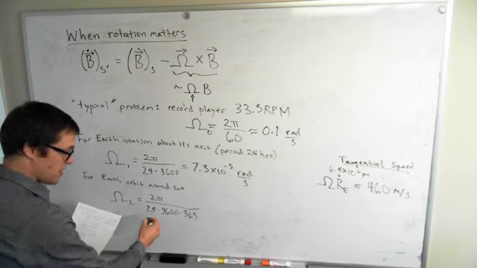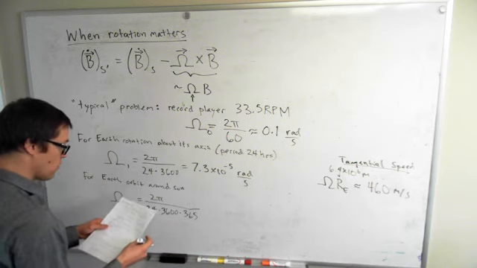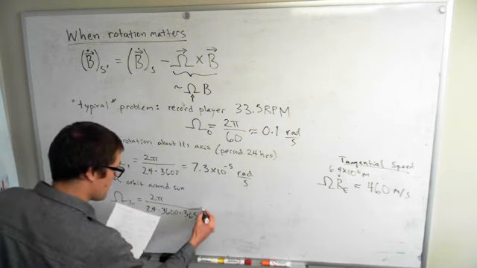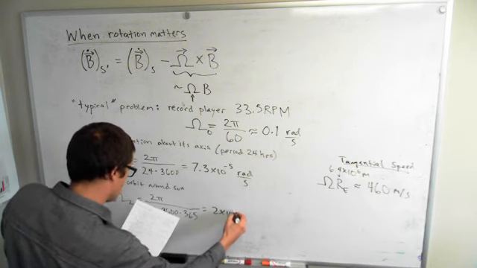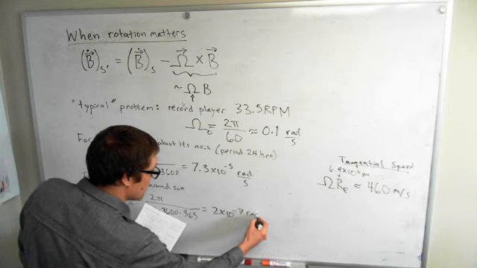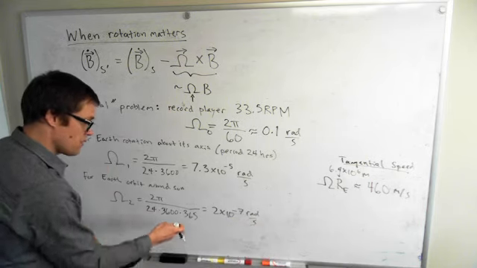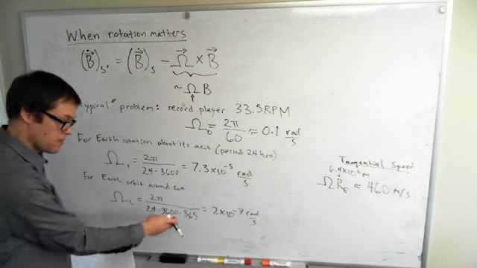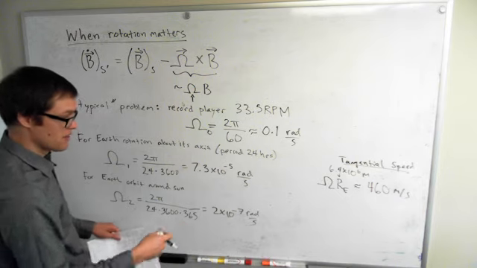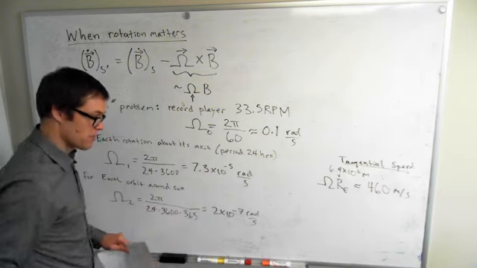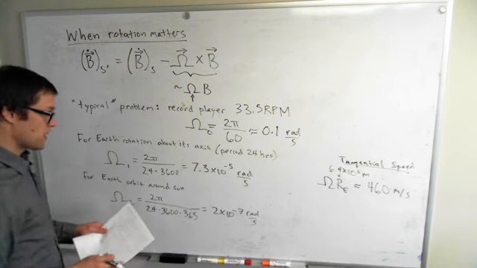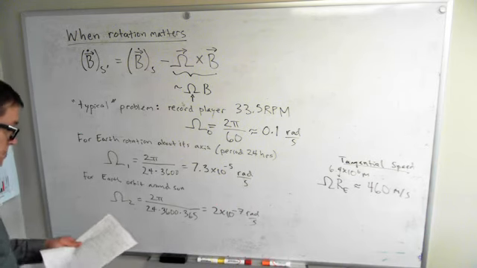That's how many seconds it takes to do 1 full orbit around the Sun. That comes out to be 2 times 10 to the minus 7 radians per second. As the period of the rotation gets bigger and bigger, omega gets smaller and smaller. So we went down by another factor of 100 compared to the omega due to rotation about the Earth's axis.